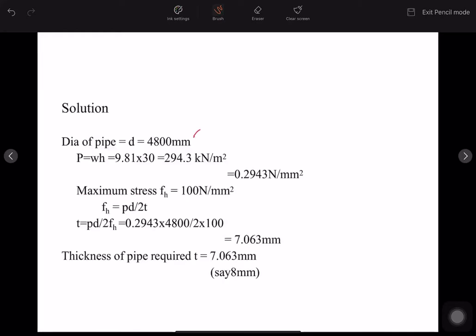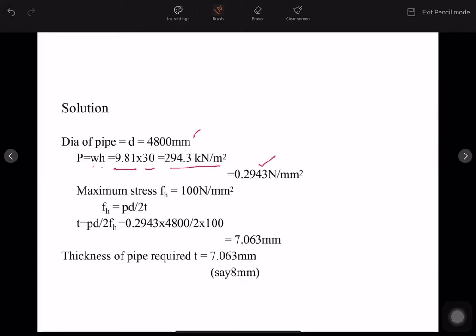So D is 4800. P equals W into H, W is given 9.81 into H is 30. We got 294.3 kilonewton per meter square. So if we convert this into Newton per mm square, we'll get this value.